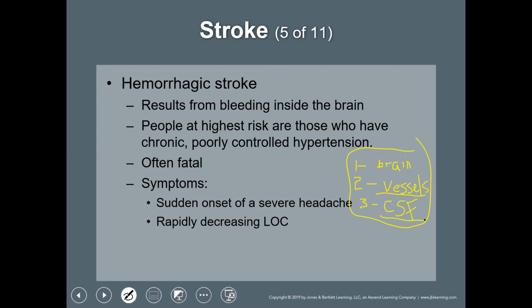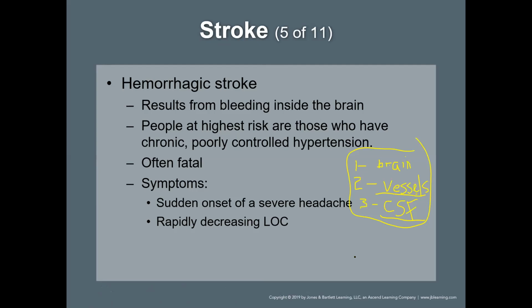CSF fluid leaks out, sometimes the blood leaks out, and if that intracranial pressure continues, actually brain tissue can leak out the foramen magnum. If we can stop that process, maybe they can get to a surgeon and get help. Hemorrhagic strokes are often fatal.